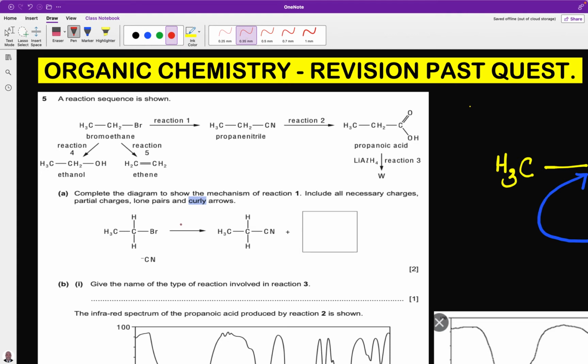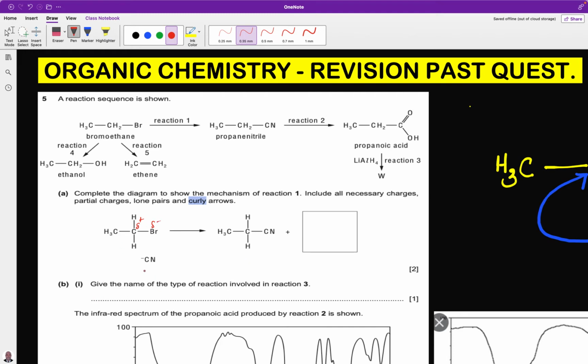Now, because of the different electronegativity, the bond is polarised: this is partial positive, and this is partial negative. That is what you are supposed to do.